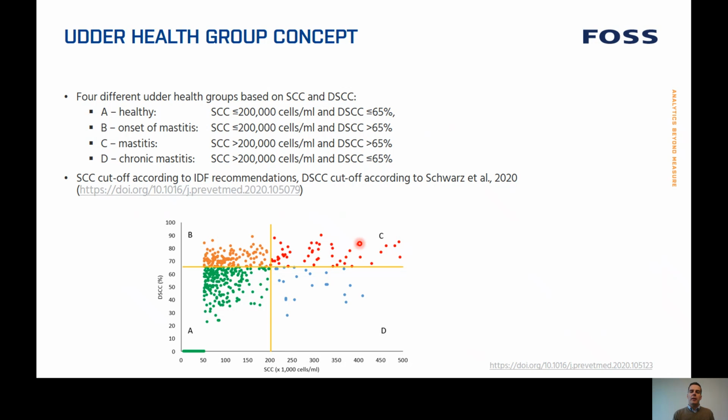In group C, we have both high SCC and high DSCC, so we have an active inflammatory reaction ongoing there, and we define these cows as having mastitis or having subclinical mastitis. And then group D, here we have high SCC but low DSCC, and we see that these cows tend to be chronically infected.